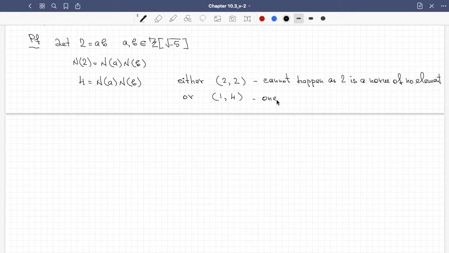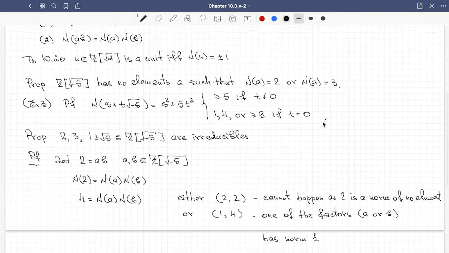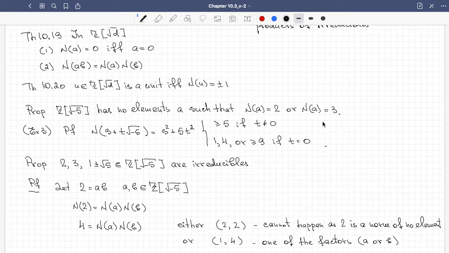One of the factors A or B has norm 1. And we know the characterization of units. Everyone who has norm 1 is a unit.